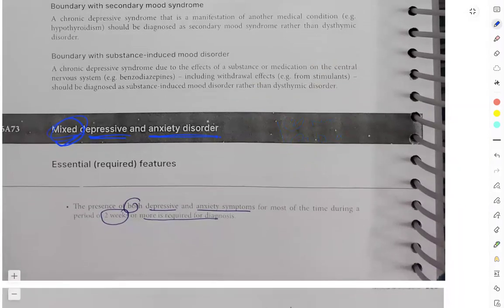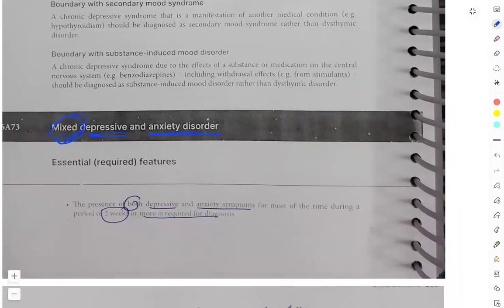Okay. So in the case of mixed, why are we saying that the patient is having mixed depressive and anxiety disorder? With the name itself, we understand that the symptoms of depressive episode probably are present in this patient, and the symptoms of anxiety are also present in this patient.